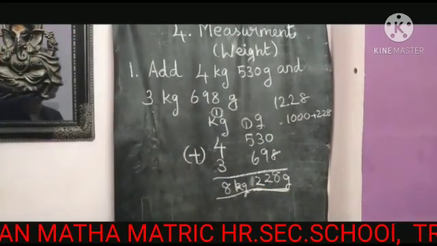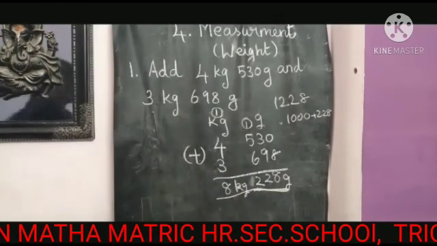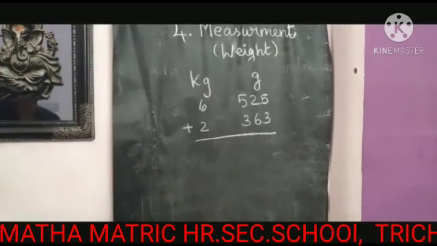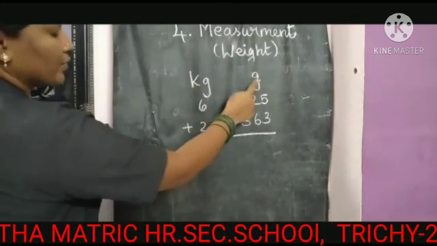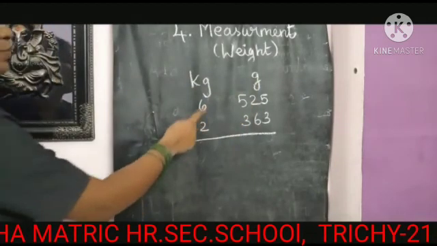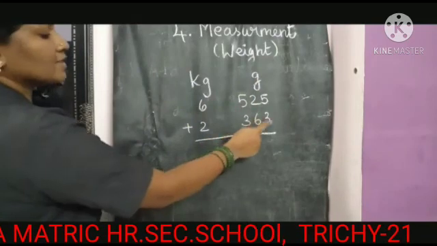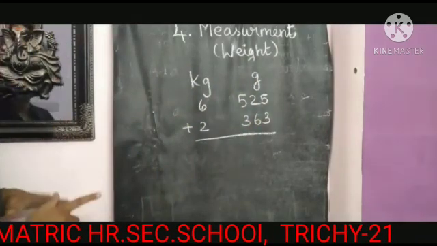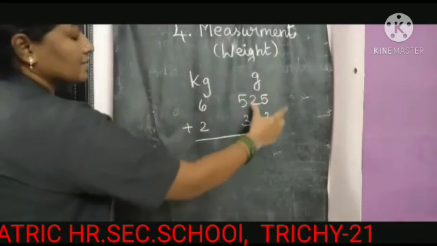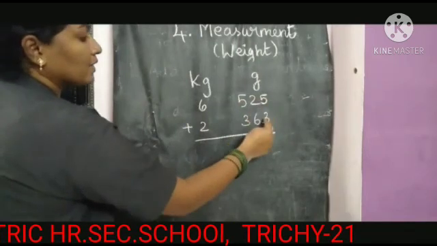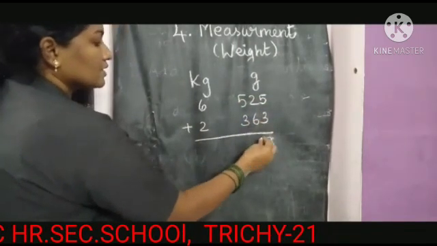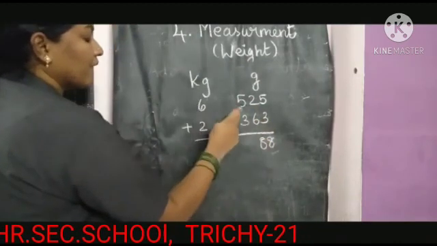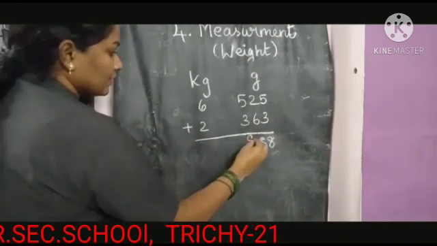Okay, now let's see one more sum. See, 6 kilogram 525 gram add with 2 kilogram 365 grams. So first same thing, add the gram side. 5 plus 5, 8... 5 plus 3, you know, 8. 2 plus 6, again 8. 5 plus 3, 8.